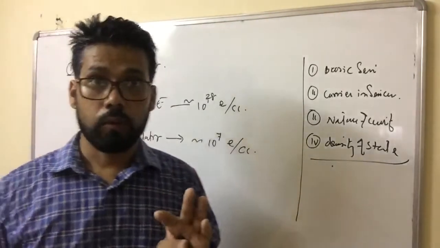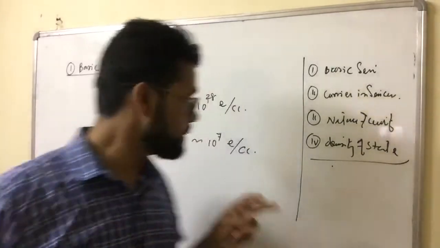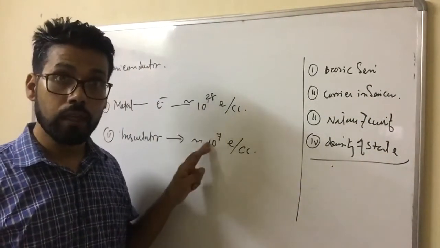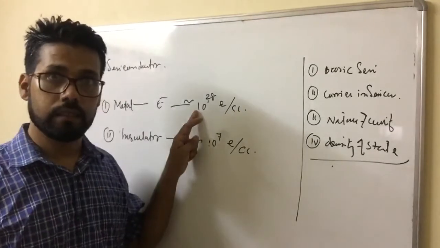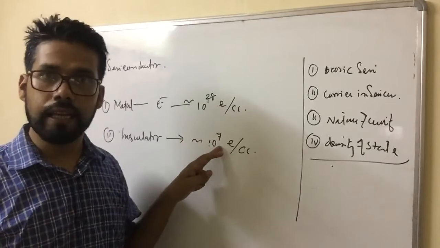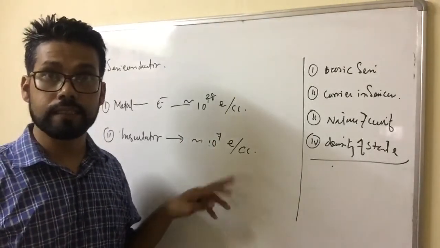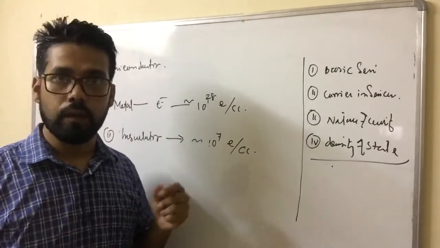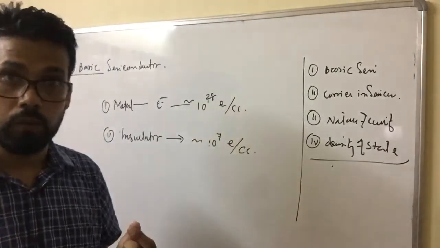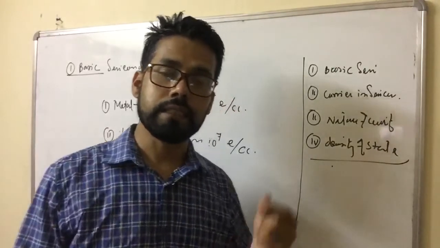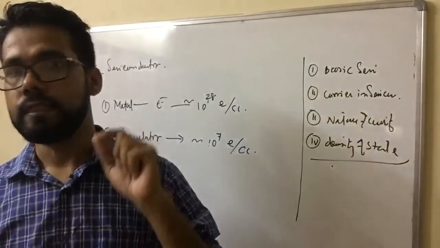In semiconductor, what happened? Semiconductor electron concentration falls in between these two solids. It is less than this and greater than this, and the behavior of semiconductor is totally different from metal as well as insulator. At 0 degree Kelvin, semiconductor behaves as an insulator.